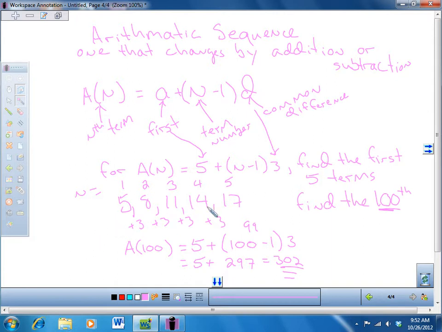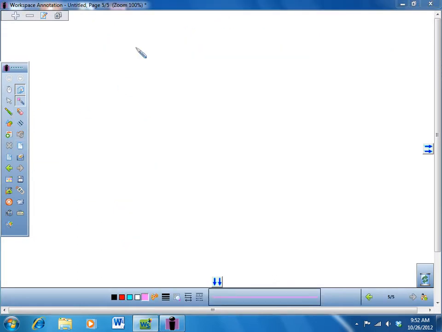Okay, one more practice problem, and then I'll let you go. Okay, I'm going to make up my own. Say you have a sub n equals negative 3 plus n minus 1 times negative 2.